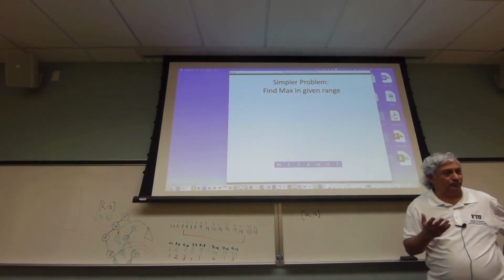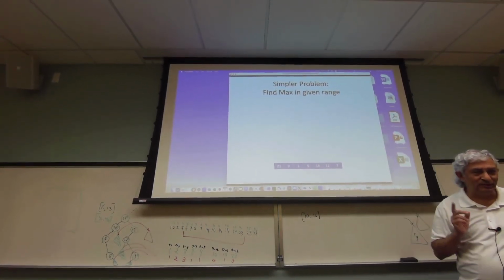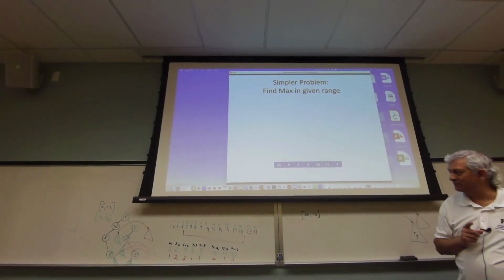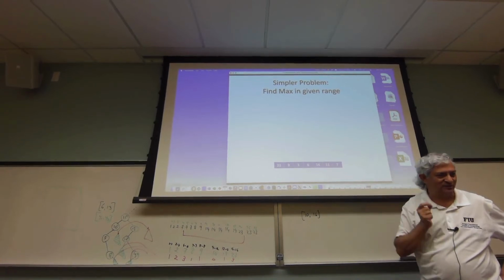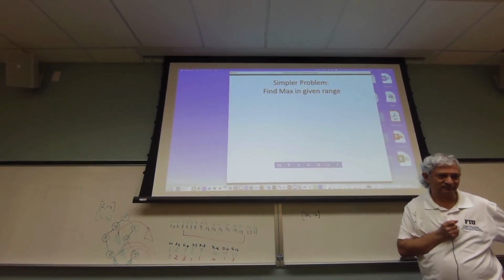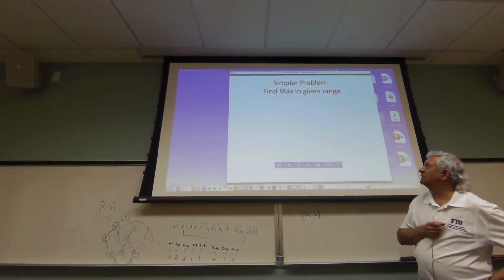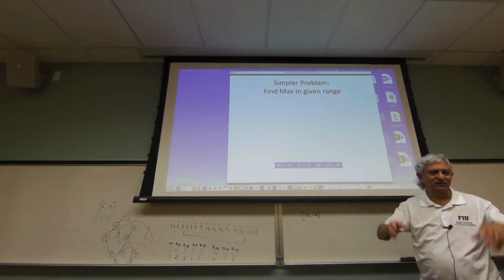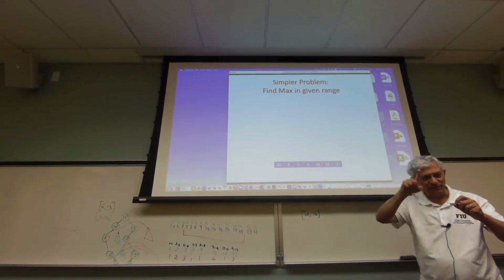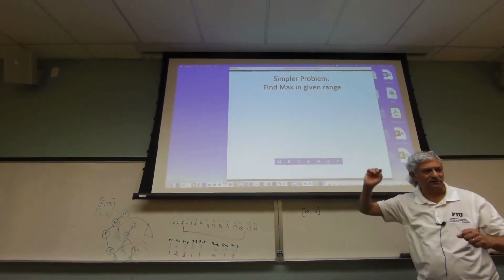Again, there are two ways of thinking about this. You could think of this as a two-dimensional range problem, where one dimension is the index, and the other is its value. Right? Because I'm going to ask you a certain range, and I'm going to say what is the largest one. So you find the range, and for each of those subtrees, you go over there and find the largest.